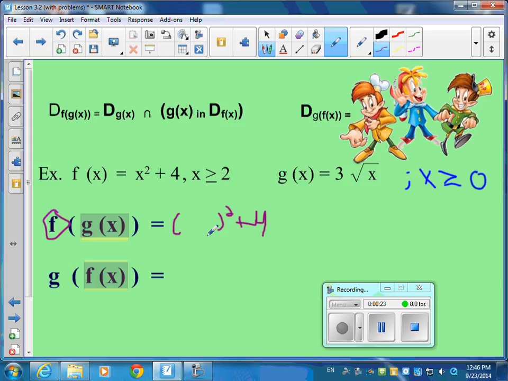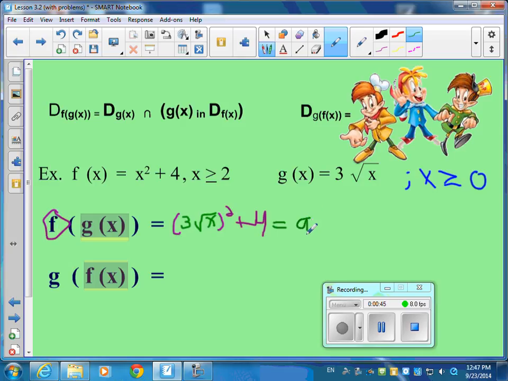So neat. And then in for x, we're going to put g of x, 3 square root of x. So when we're all done with this, this is just going to be what? 9x plus 4? Does that sound right?